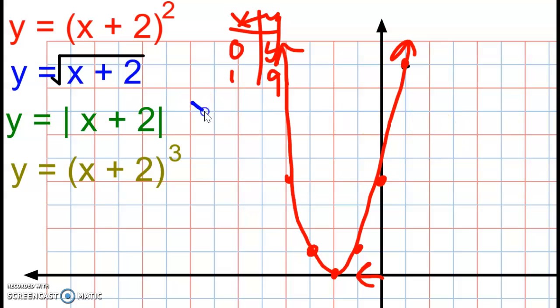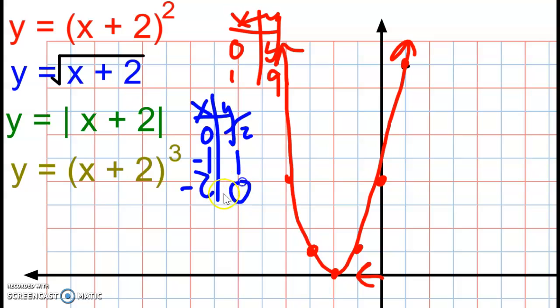When I do square root of x plus 2, I put 0 in, I get the square root of 2. Ugh, I don't feel like graphing that. When I put negative 1 in, negative 1 plus 2 is positive 1. Square root of that's 1. Well, I guess I can put negative 2 in. Negative 2 plus 2 is 0. Square root of 0 is 0.